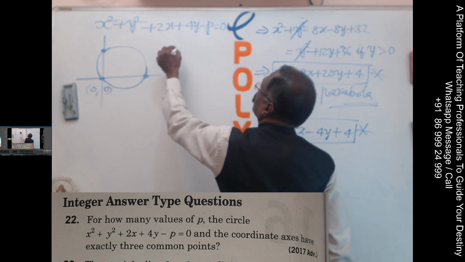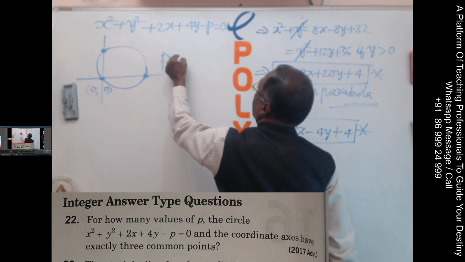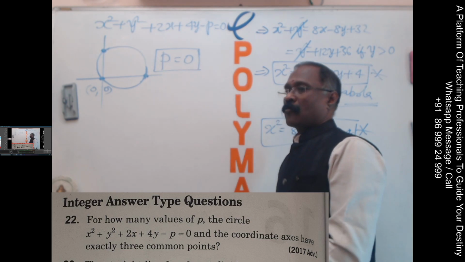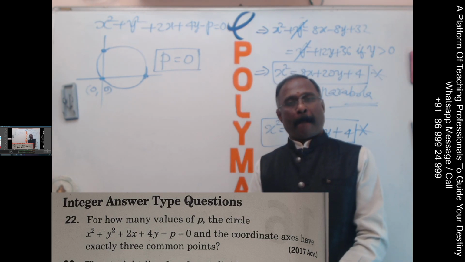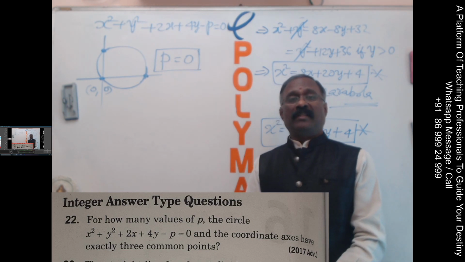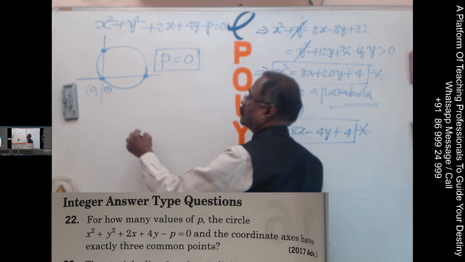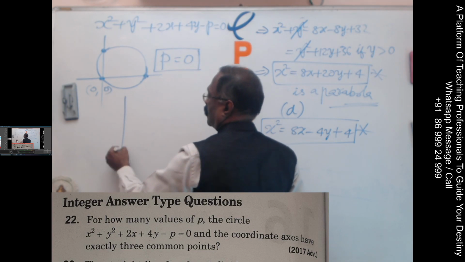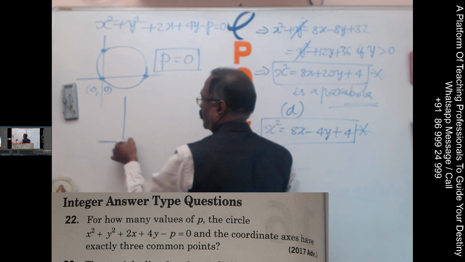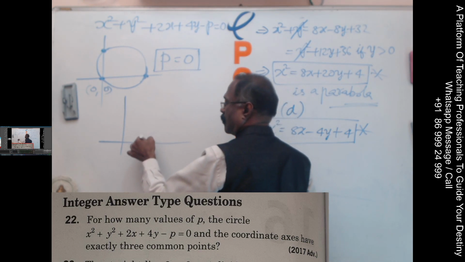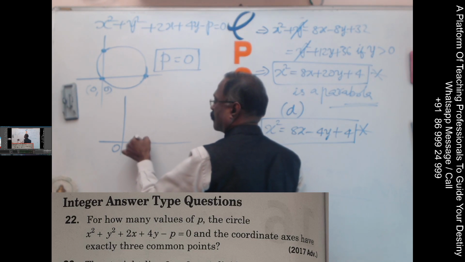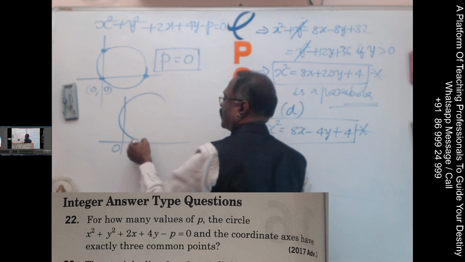When it passes through the origin, obviously there will be no constant term, so p is 0. Not only that, what should be the other case? The circle is touching the x-axis and intersecting the y-axis.